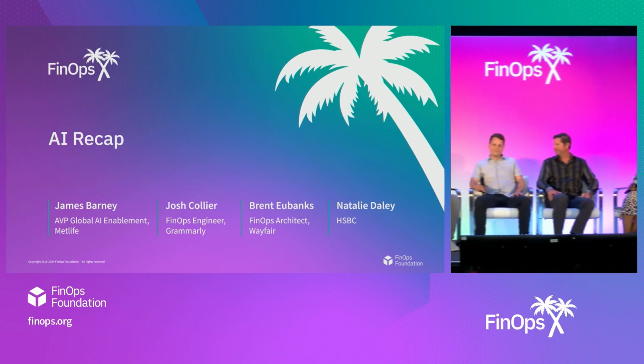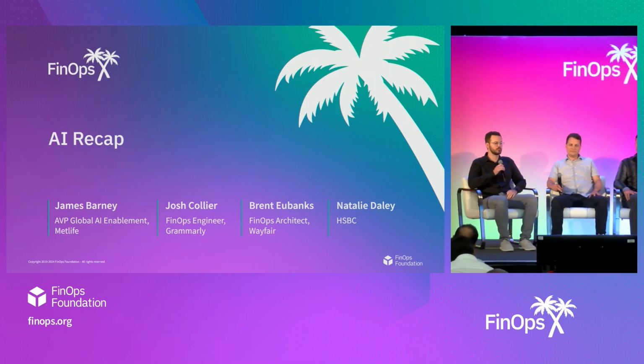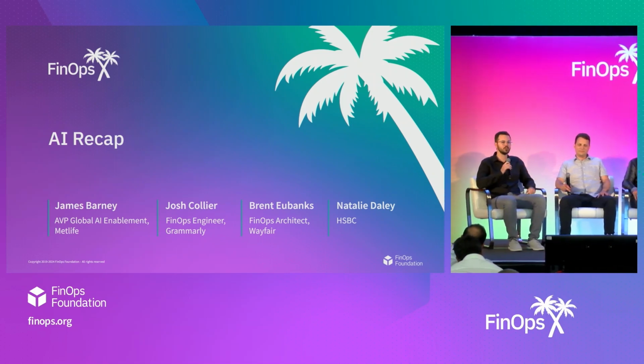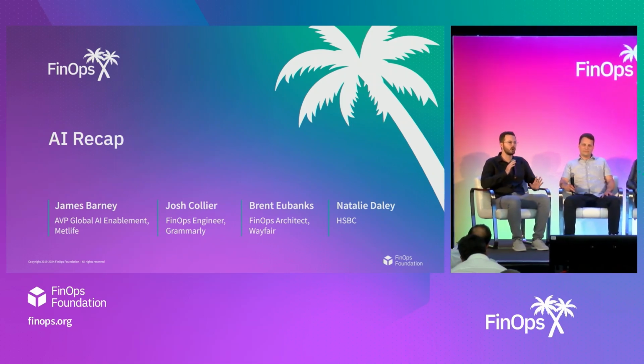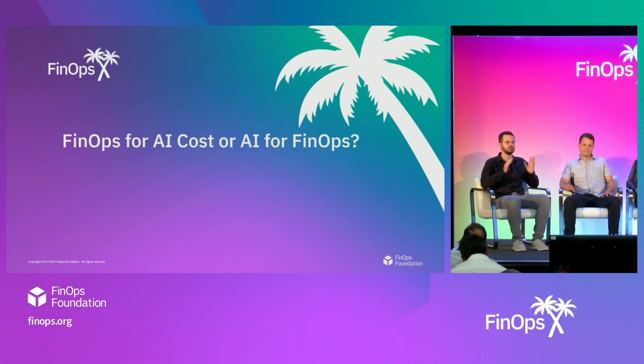Sure. Yeah, it is a little confusing because they're very similar, and almost all AI happens in the public cloud. It's really difficult to run your own clusters, and so there's a lot of overlap. FinOps for AI is really talking about how do you take an AI workload and optimize it such that you're getting the best bang for your buck when interfacing with these models.